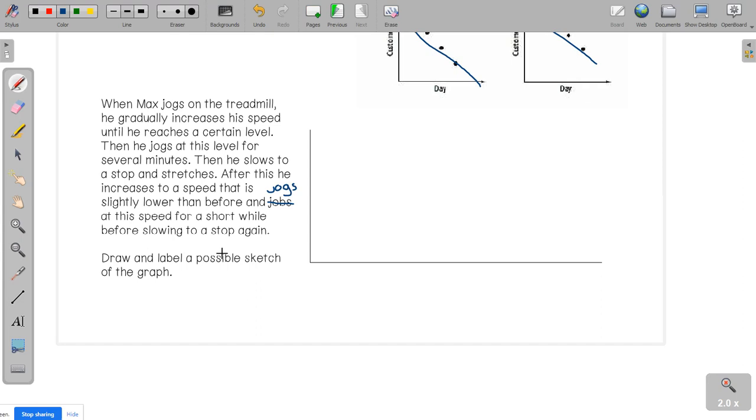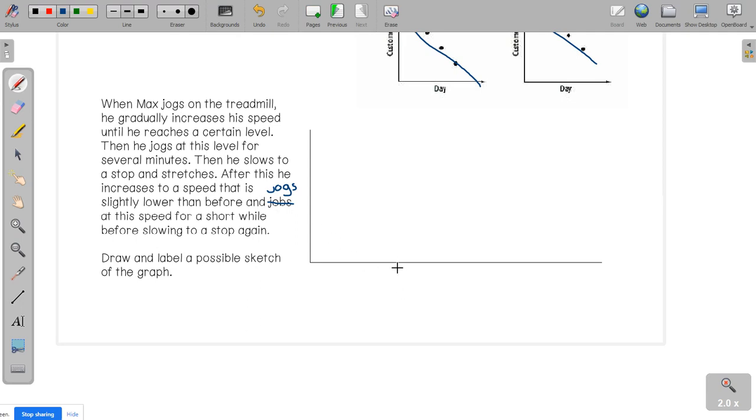So he jogs at the speed, and then he starts to slow down to a stop. So we need to draw a graph to represent this situation.